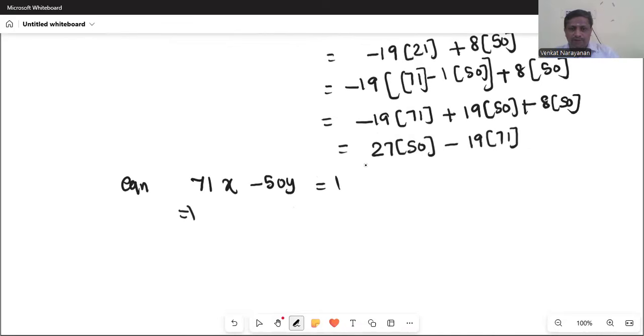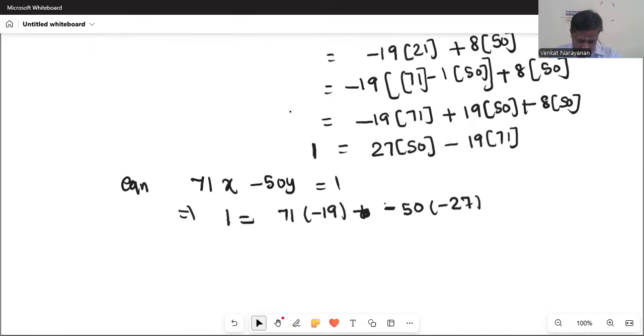We can write this statement as 1 equals 71 times minus 19 minus 50 times minus 27, because 50 carries a negative sign.